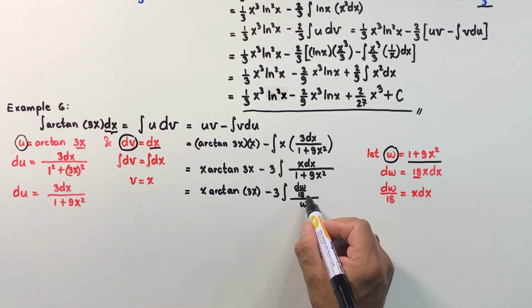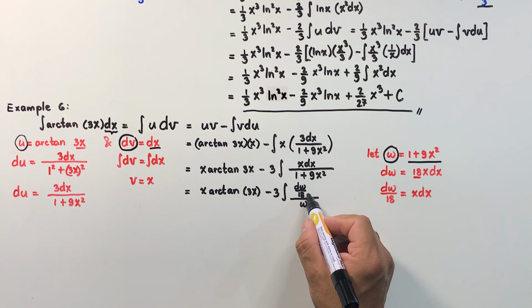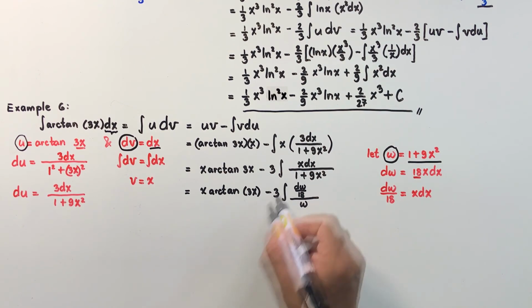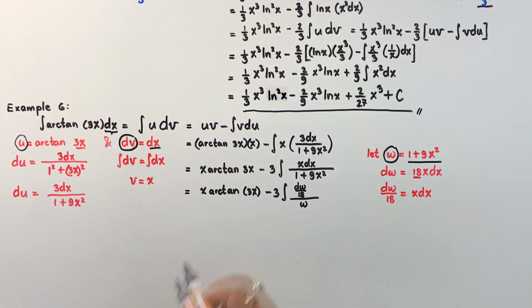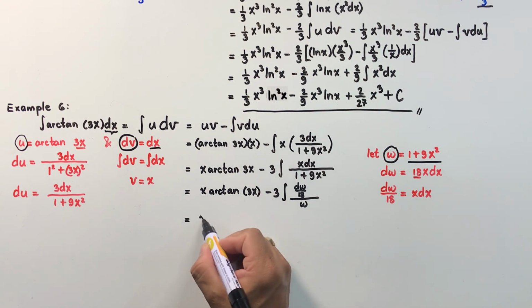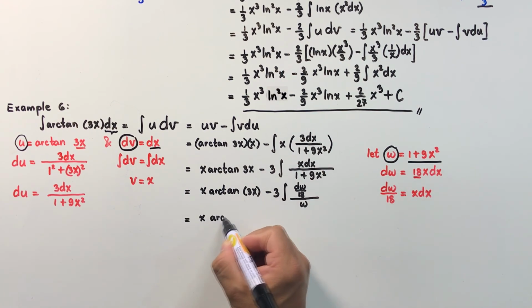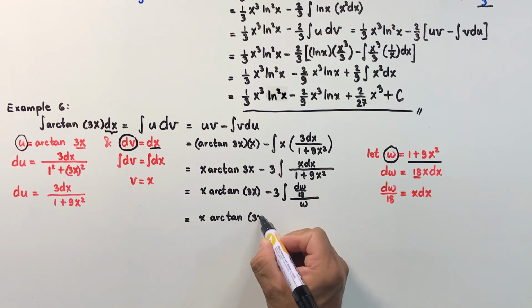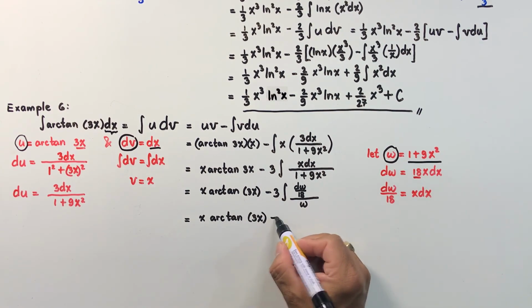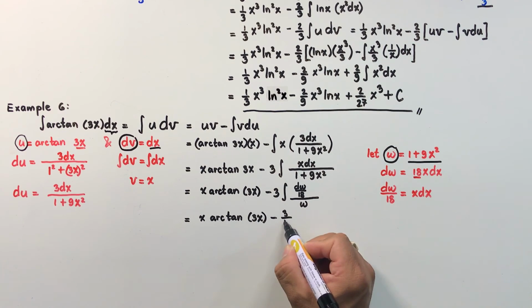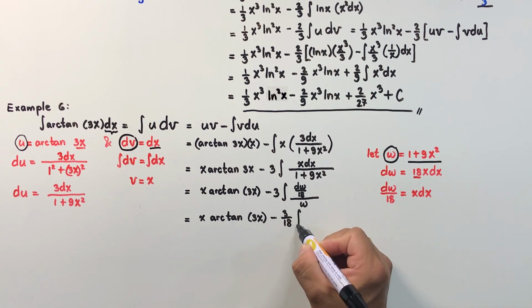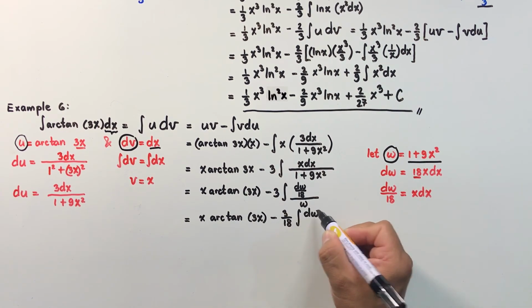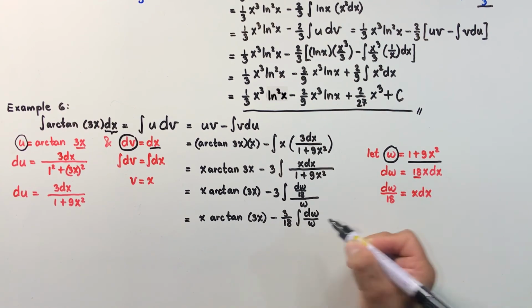And factoring this 18 in the denominator of dw outside the integral symbol, we have x times the arctangent of 3x minus 3 over 18 times the integral of dw over w.